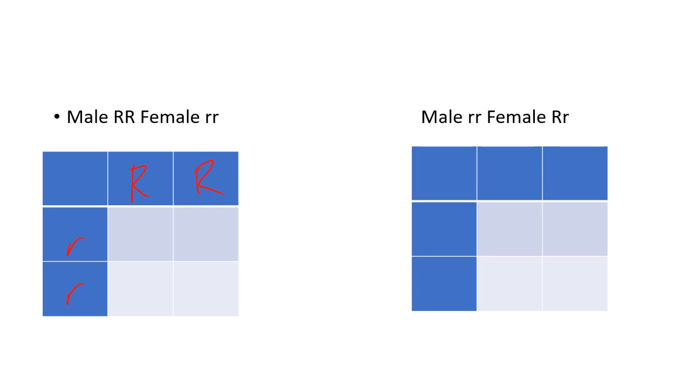So I put the male on the top here and the female on the side, but I will always switch that up. So big R, little r, big R, little r, big R, little r. So in other words, here's a male who can roll their tongue, a female who cannot roll their tongue, but 100% of the kids can roll tongue.